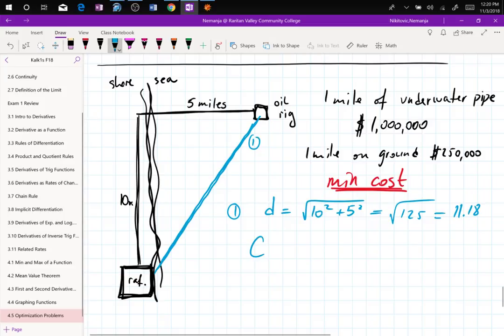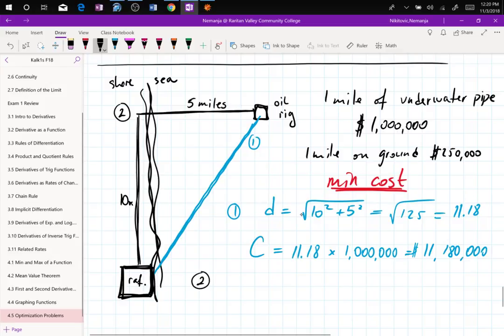So the cost is going to be, it's all underwater, 11.18 times $1 million per mile, which is $11,180,000. To go all underwater, that's the cost. Then I have the black one, route number 2.